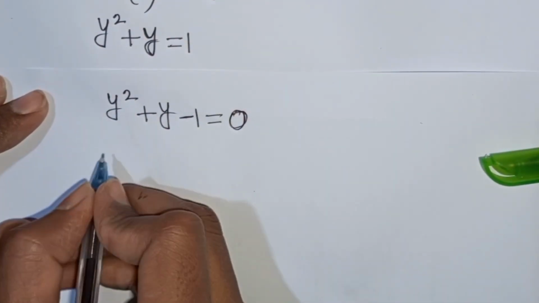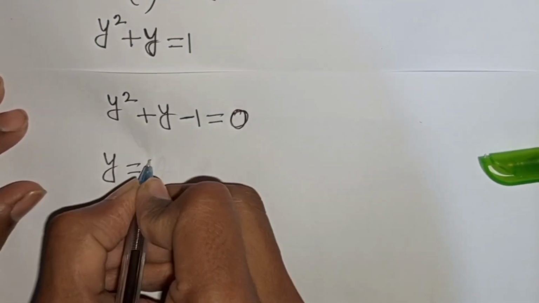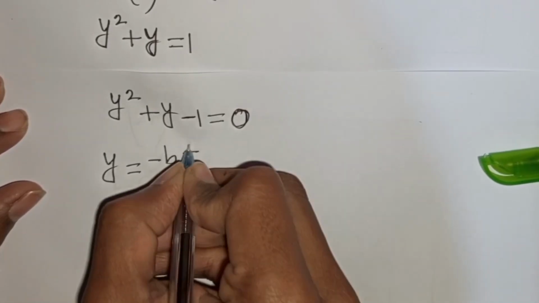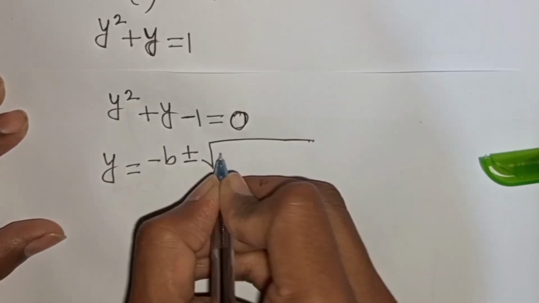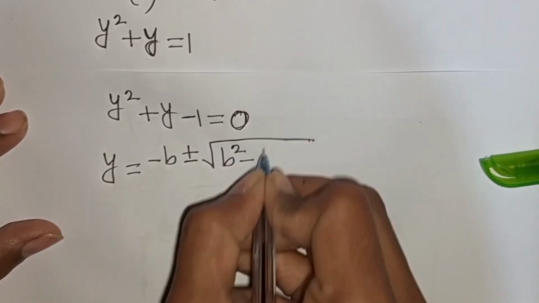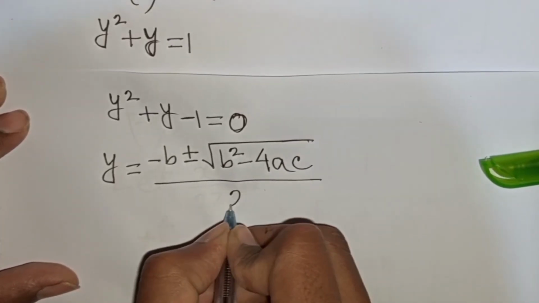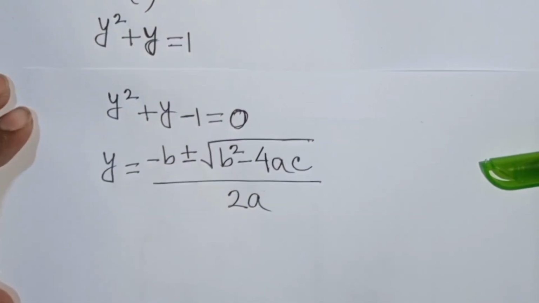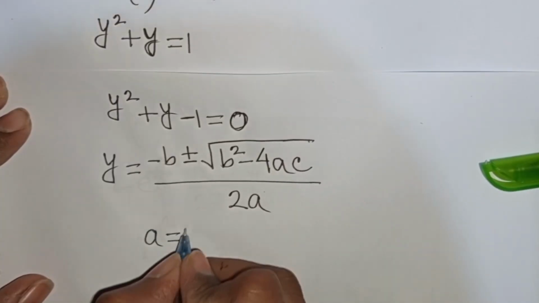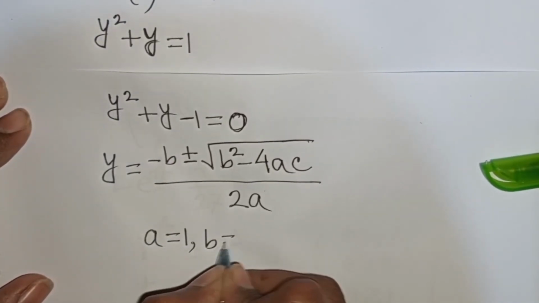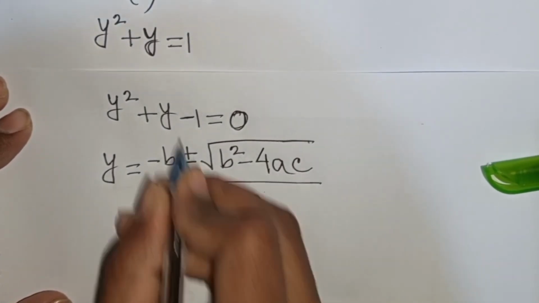Now here you can apply the quadratic formula. So you can write here y is equal to minus b plus or minus square root of b square minus 4ac divided by 2a. Here a will be equal to 1, then b will be equal to 1, after that c will be equal to minus 1.